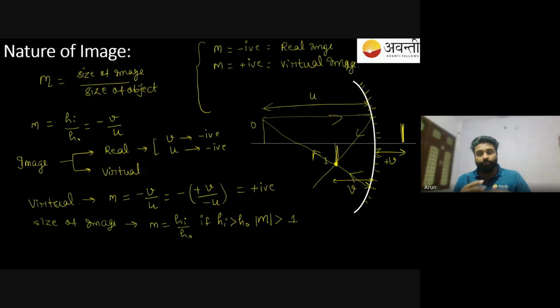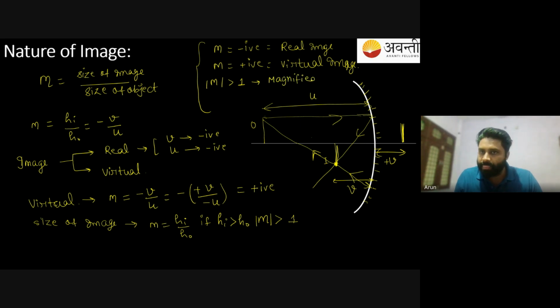So if mod of m is greater than 1, which means the height of the image is greater than the height of the object, which means our image will be larger, a magnified image. Got it? So I'm writing it here. Mod of m is greater than 1, then magnified image we got.